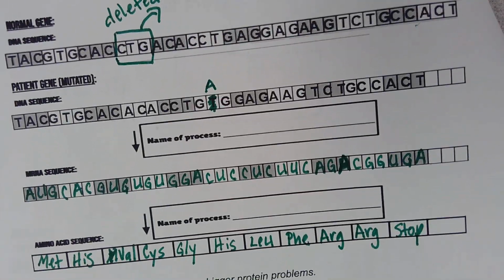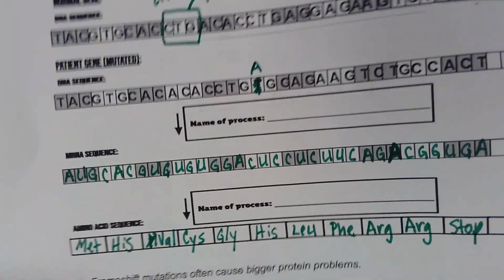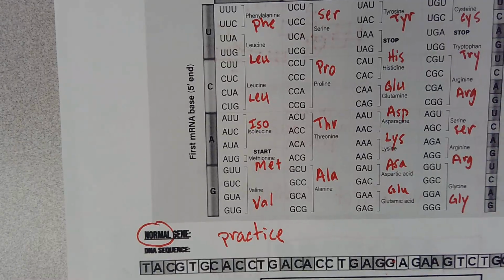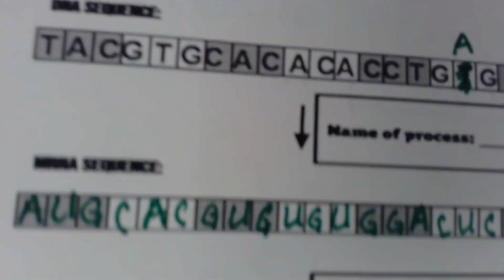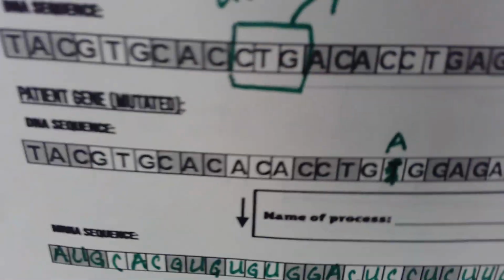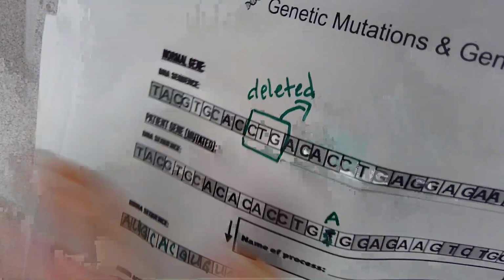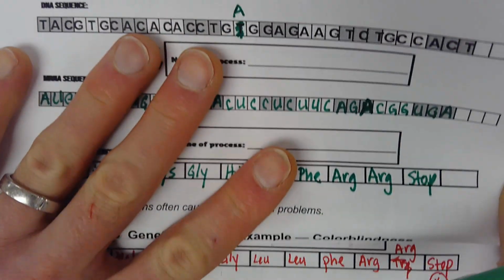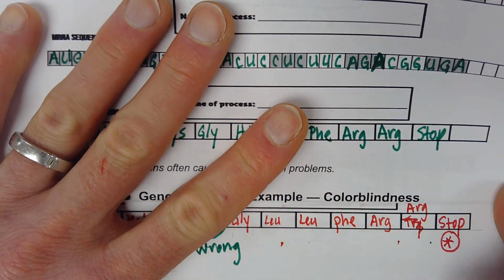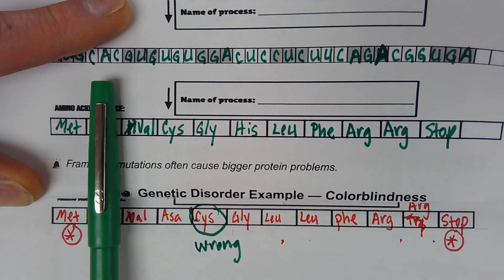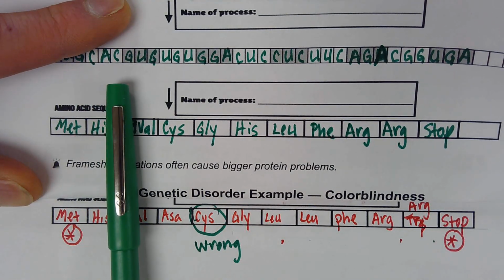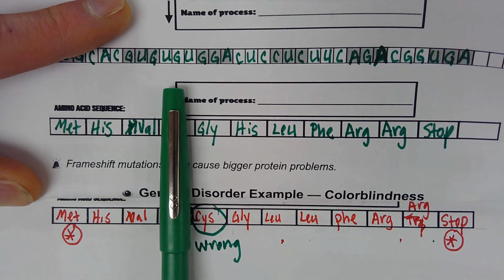All right. So now, again, I'm going to look and compare. Where did it go wrong? So I have to look back at that normal translation. And I'm going to figure out, okay, what got messed up? So again, I can just go through and be like, okay, Met, that's right. His, that's right. Val, that's right.